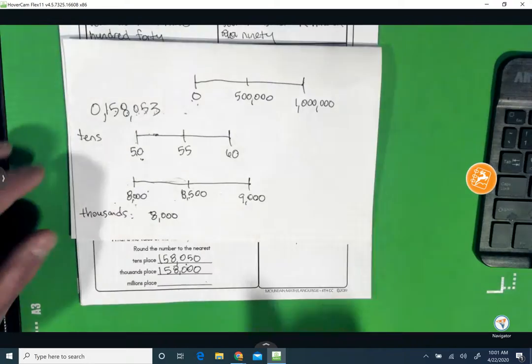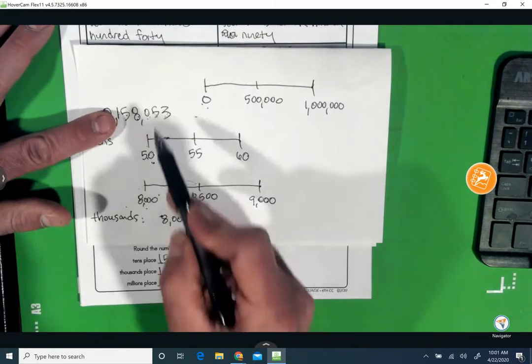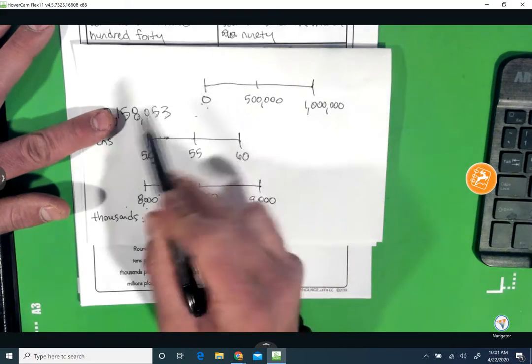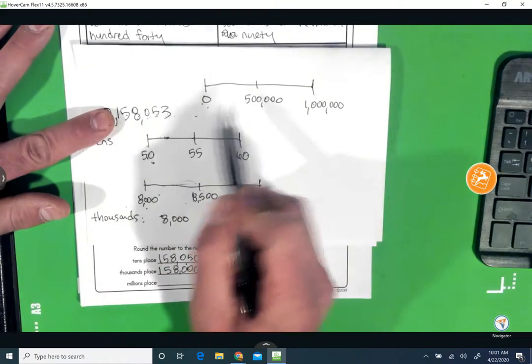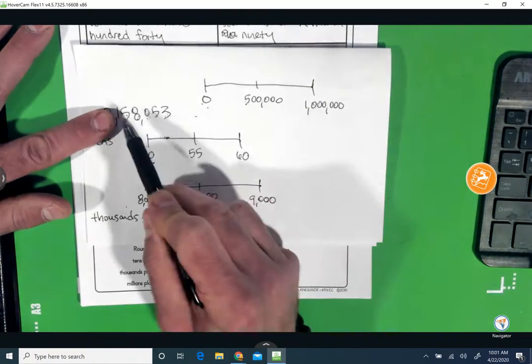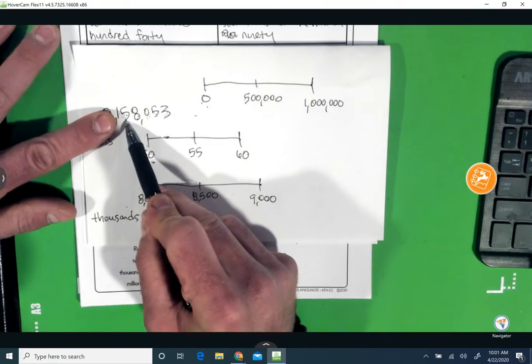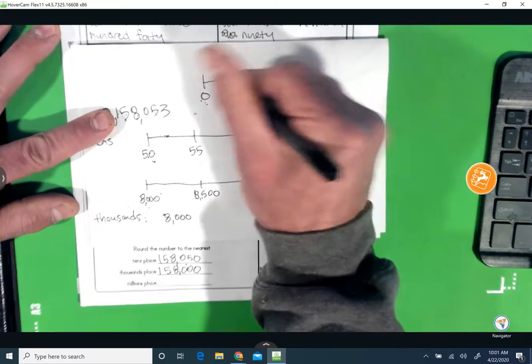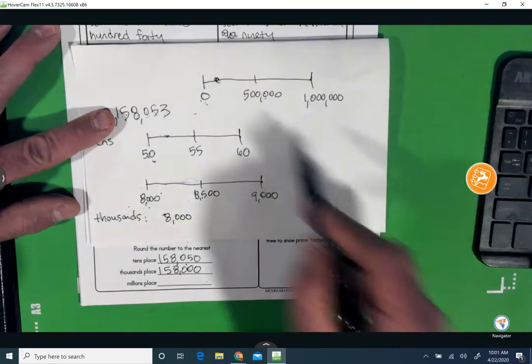Now we can ask ourselves, is 158,053 more than 500,000 or is it less than? Well, compare the 100,000s digit. You have a 5 in the 100,000s place and you have a 1 in the 100,000s place. That makes 158,053 less than 500,000. So it's sitting somewhere around here, right?